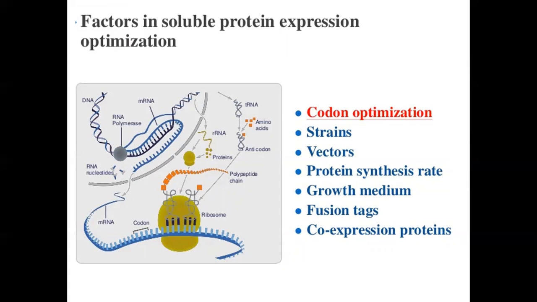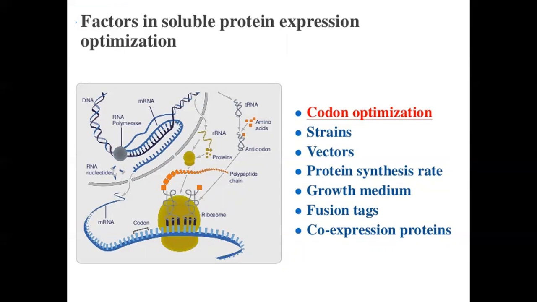And then the fusion tags. Fusion tags, also called fusion partners, are used in E. coli to improve protein production yields, their stability and folding, and to facilitate protein purification.